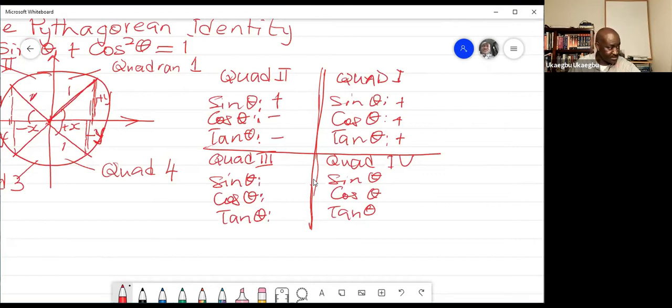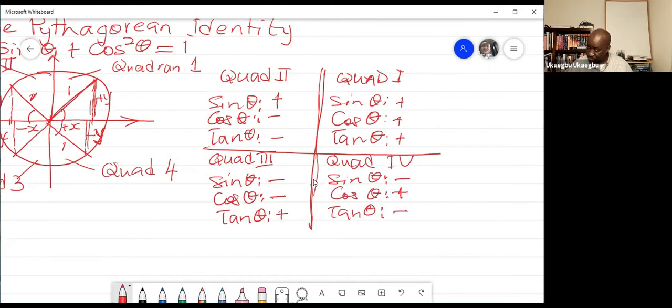In the third quadrant, sine theta is negative, cos theta is negative, and tangent theta is positive. Then on quadrant 4, sine theta is negative, cos theta is positive, and tangent theta is negative.